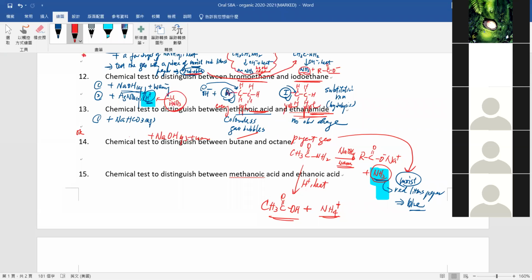So question 14, chemical test to distinguish between butane and octane. Now both are alkane. How do you think it makes the difference?